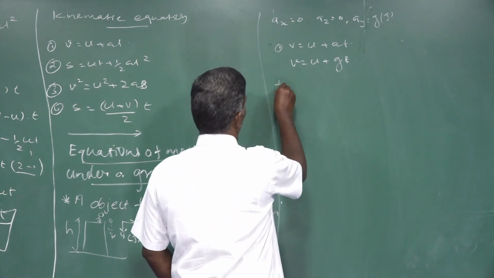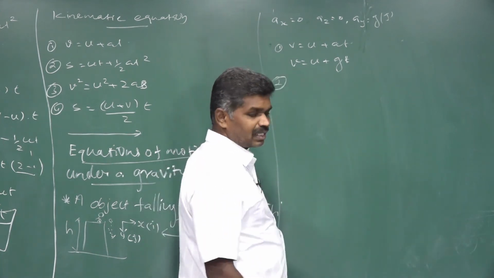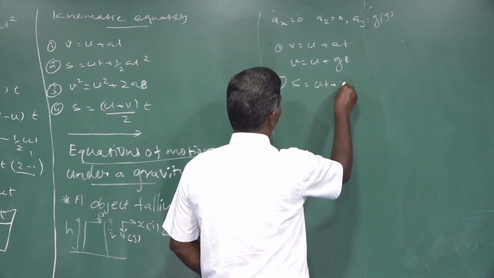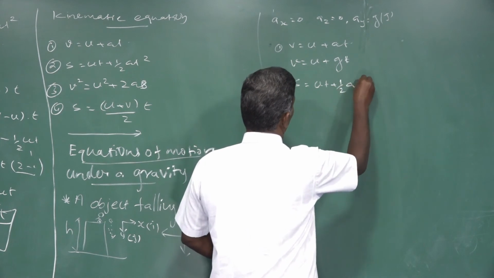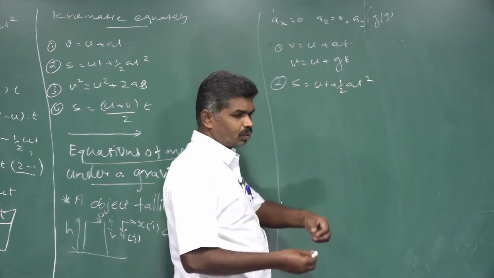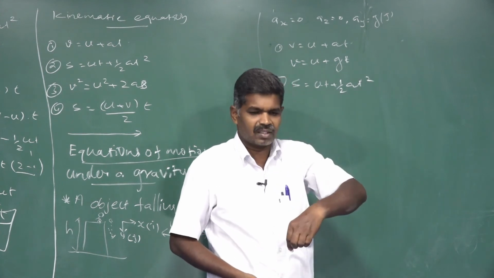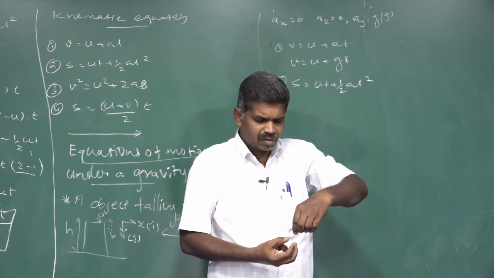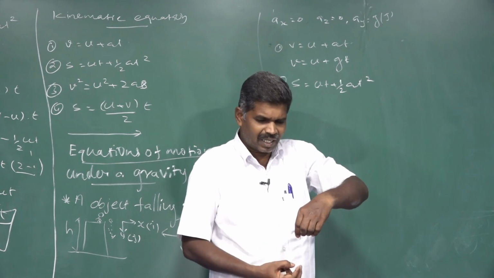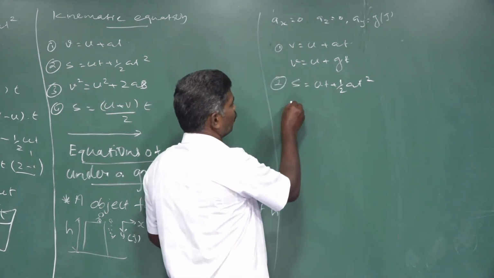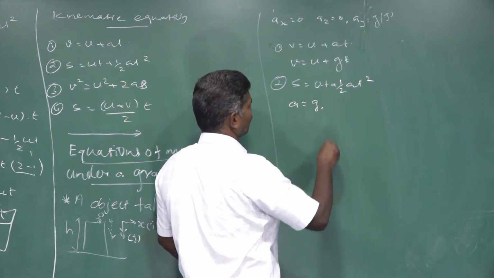Second equation we have. What does the second equation mean? s is equal to ut plus half at square. If you throw the object downward with some initial velocity, after leaving your hand, only gravity is acting. That's why instead of a, we can take g.